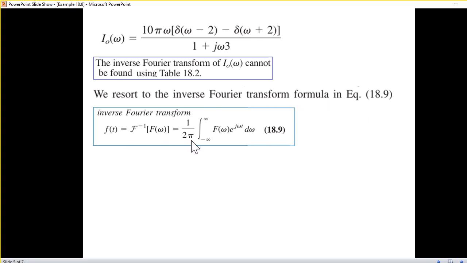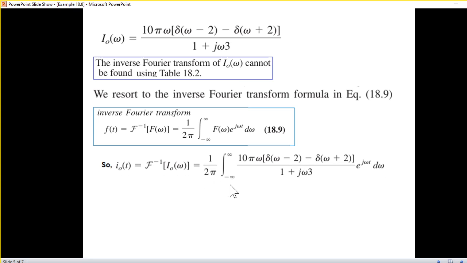This is the inverse Fourier transform formula, so we'll be using this formula now. All we have to do is replace F(omega) in the formula by I_o(omega). So this whole thing comes here, and e raised to the power j omega t d omega.